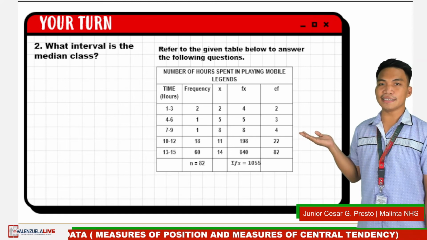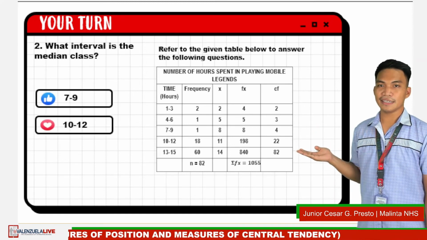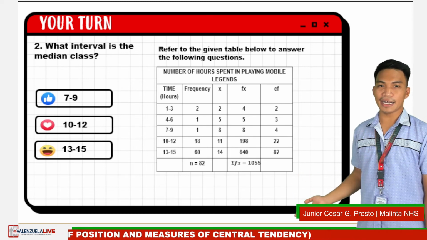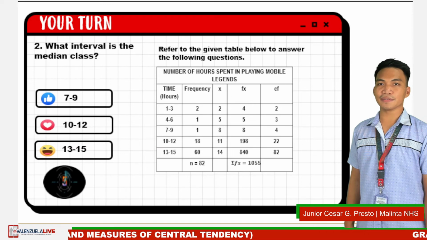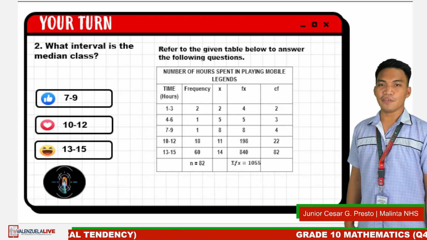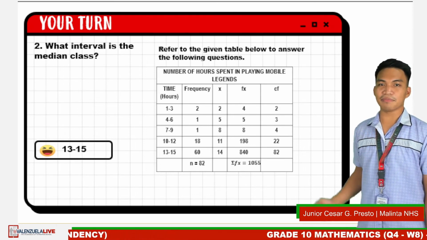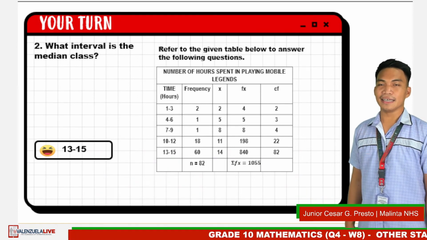What interval is the median class? Is it like, love, or haha. Your 5 seconds starts now. Time is up. If you've hit the haha react button, good job. That is correct. Next.